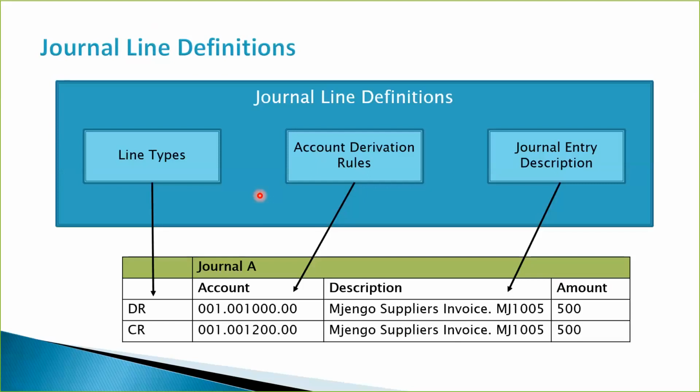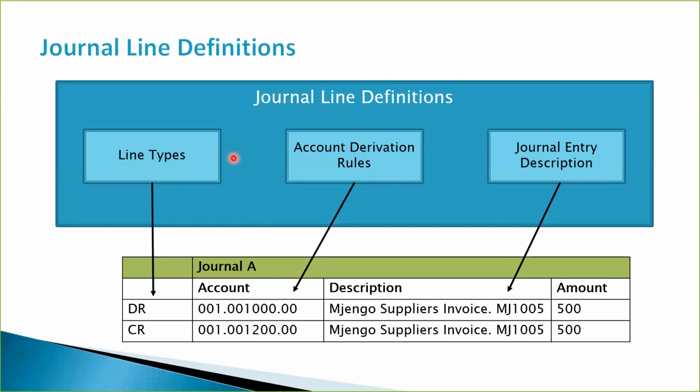So when we're talking about journal line definitions, we said that they have these components, which are the line types, the account derivation rules, and the journal entry descriptions. We also talked in passing about what each of these components do, or what we can configure them to do.